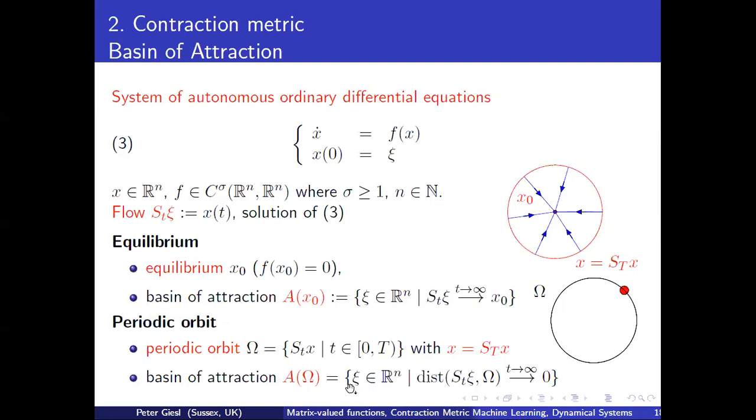And again, we would be interested in the basin of attraction in the sense that the distance of the solution starting at psi to the set omega converges to 0. So we're looking at a differential equation, an ODE of this type, and we're interested in finding the basin of attraction of an equilibrium or of a periodic orbit.